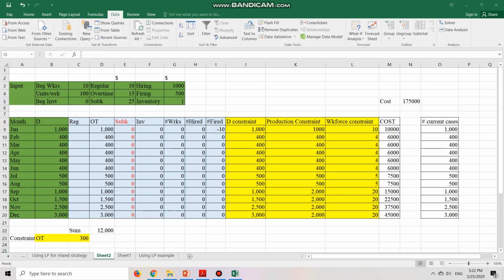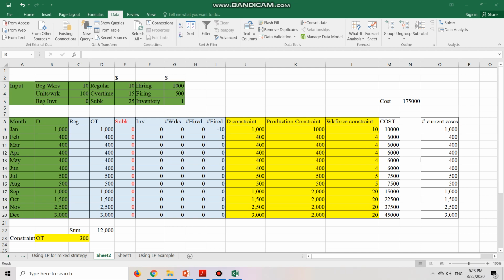To use the solver in Excel to solve the linear programming, at first you have to determine what your inputs and parameters are, what your decision variables are, and you have to determine the objective function.